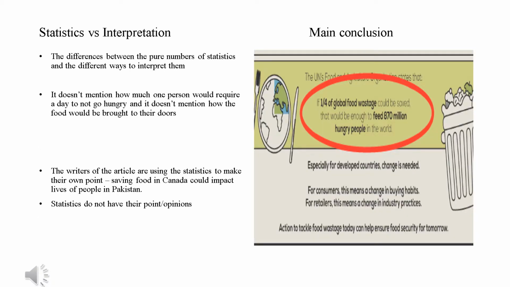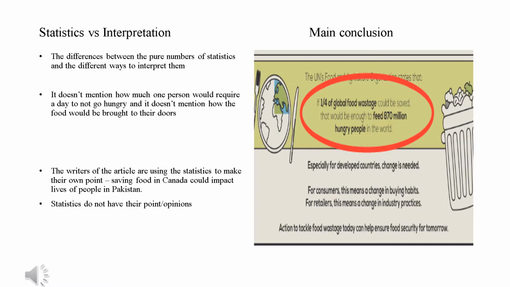Although this article raises some interesting points, there is one last thing I want to discuss, and that is the difference between the pure numbers of statistics and the different ways to interpret them. In this article, we see that the main conclusion is that if 1/4 of global food wastage could be saved, that would be enough to feed 870 million hungry people in the world.